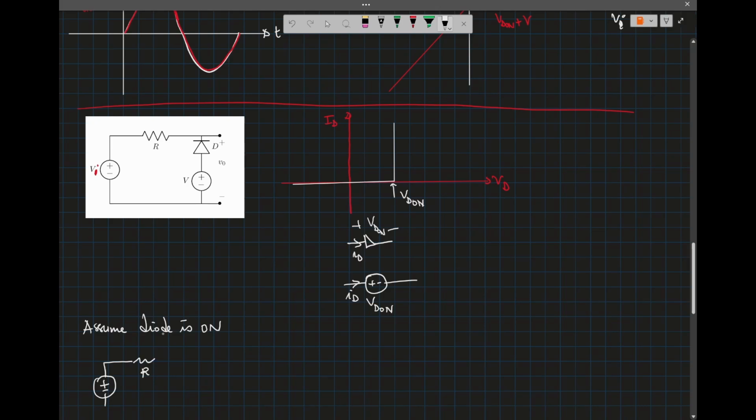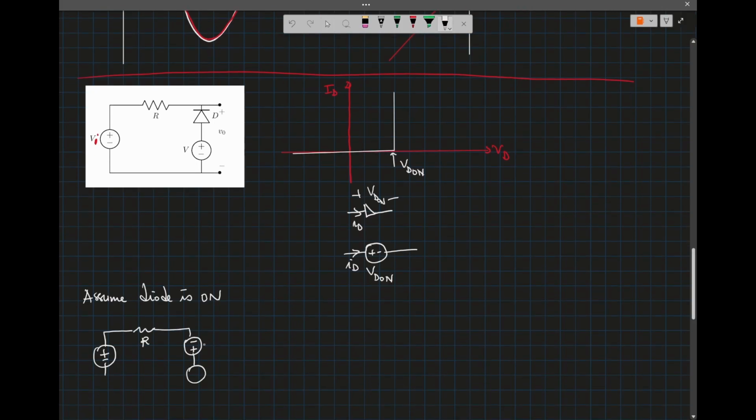So we have the resistor, and we have the diode and the threshold voltage V. So this is V, this is VD on, and the current is flowing like that from right to left, and the voltage here is what we call V0.